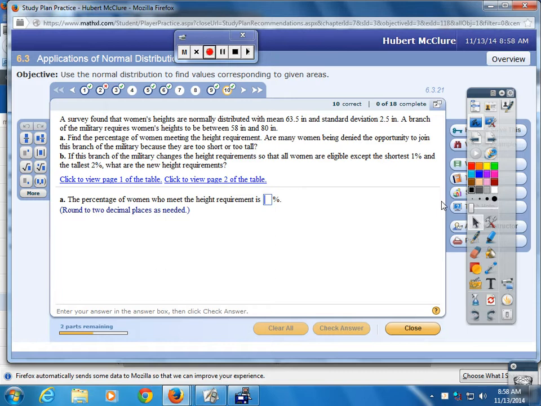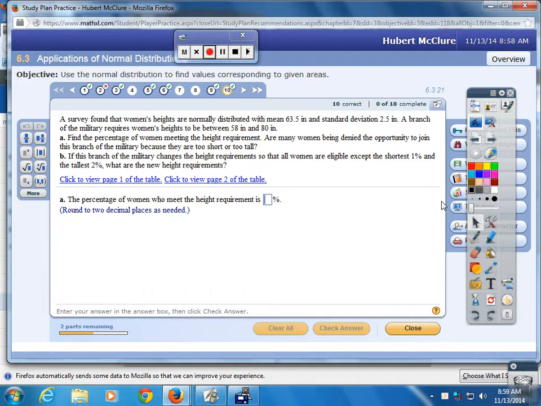That's only the homework. A survey found that women's heights are normally distributed with a mean of 63.5 inches and a standard deviation of 2.5 inches. A branch of the military requires heights to be between 58 and 80 inches.